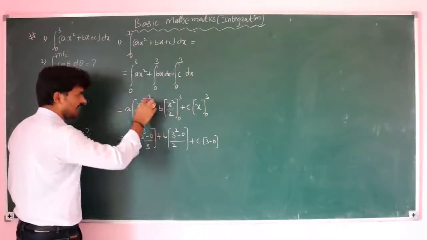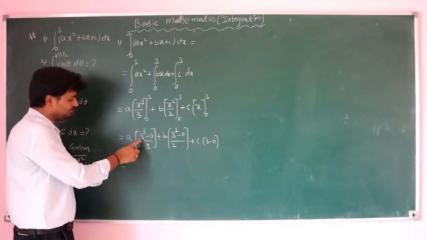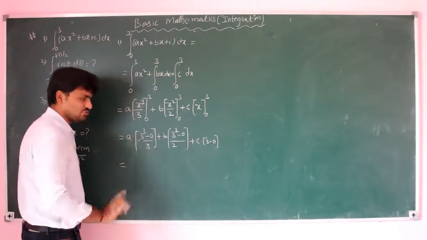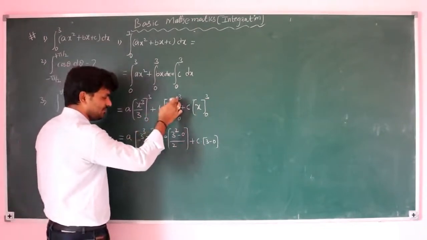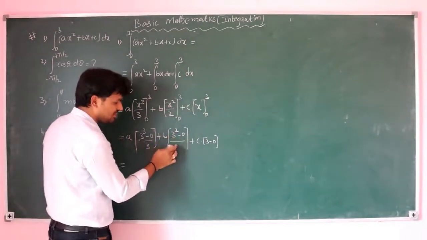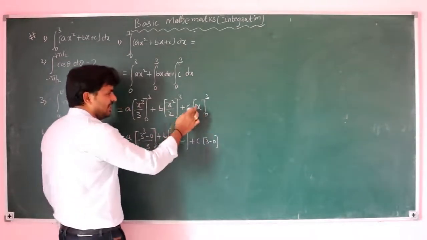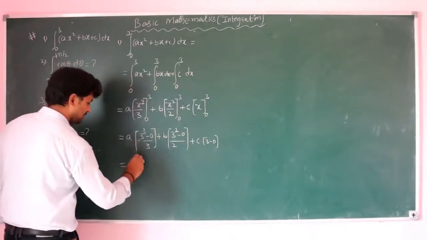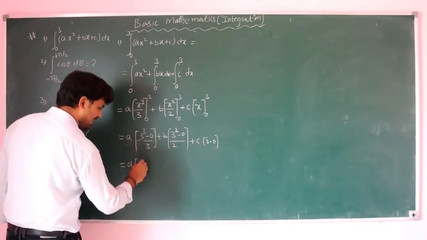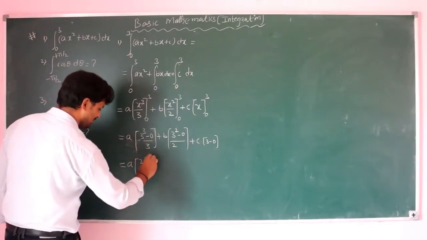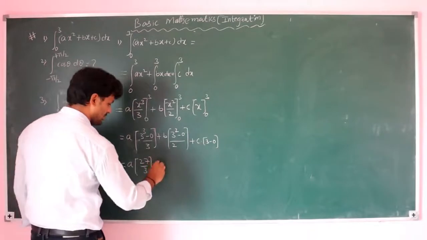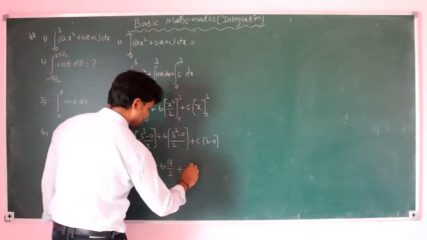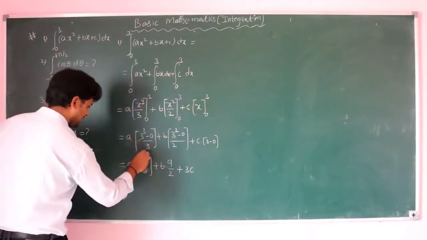Simply upper limit 3 cube minus lower limit 0 cube by 3 as usual. Here x square, 3 square minus 0 by 2. Here 3 minus 0. That's all. So now a into 3 cube by 3, 27 by 3 means this value comes to 9, plus b into 9 by 2 plus 3c.